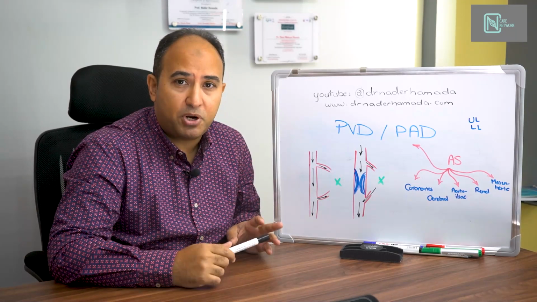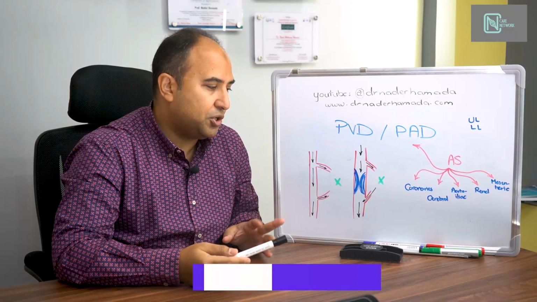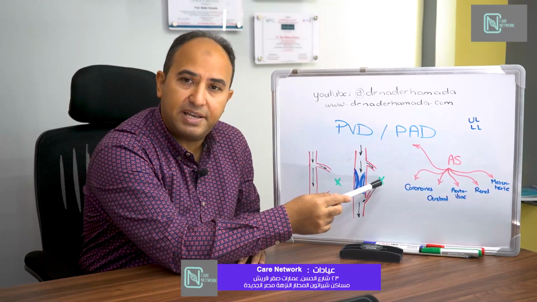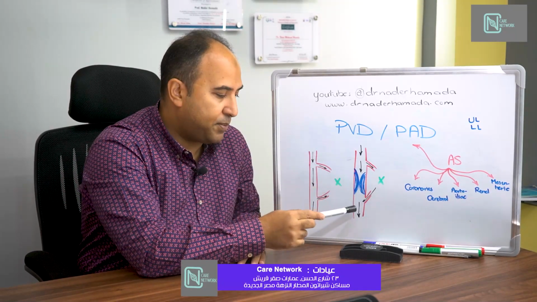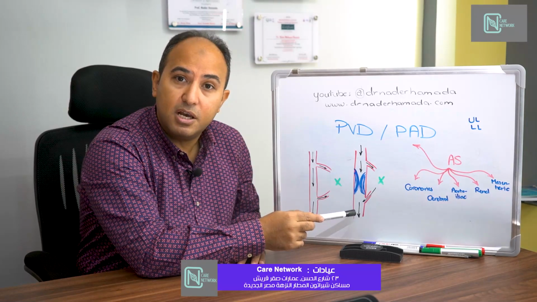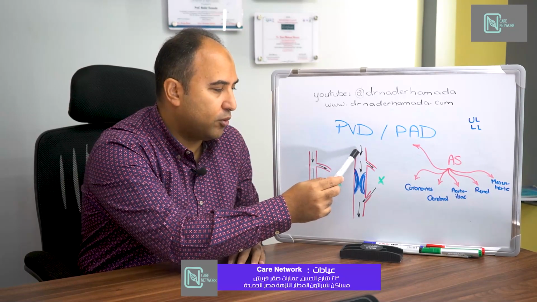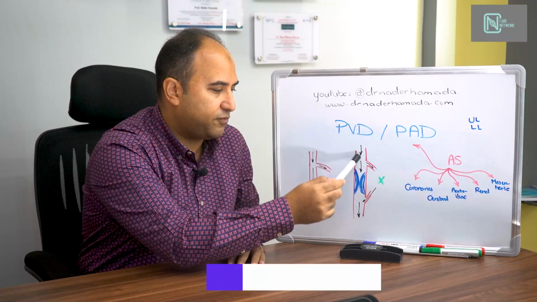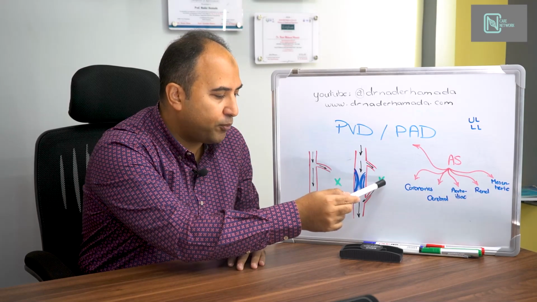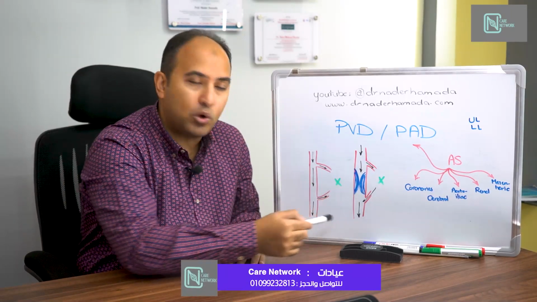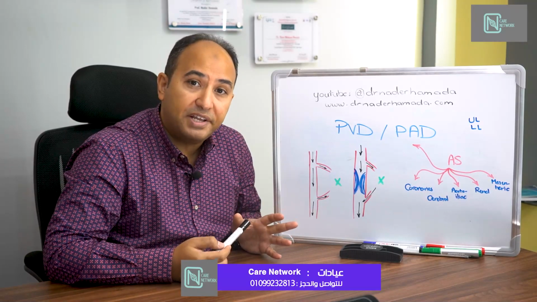And when the pressure drops significantly, we reach a point where the pressure in point X is higher than the pressure in the artery distally, then the blood will flow to point X from proximal, and then it will flow from point X to distal like a natural bypass. And this is the whole idea of collaterals.